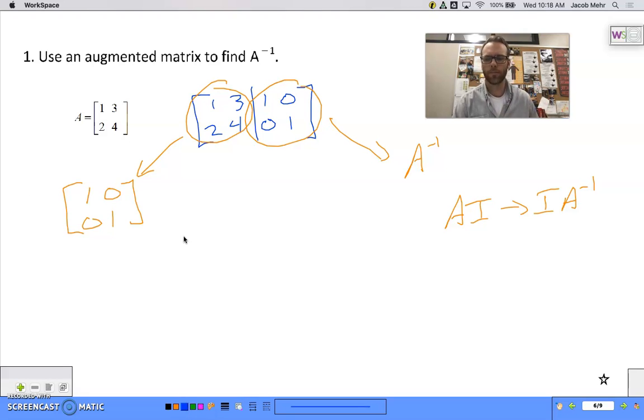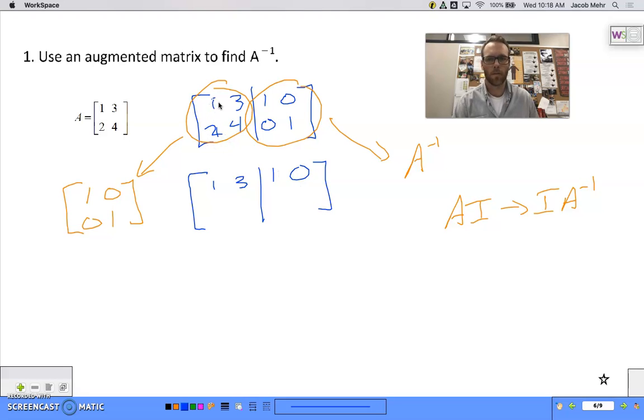All right, so what we can do is, let's see here, how do I make this into that reduced row echelon form? Well, I've got that 1 in the top left, so I like that. That's going to stay the same. So top row stays the same. Bottom row, I know I want a 0 here. So how am I going to get a 0 there? I'm going to take -2 times row 1 plus row 2.